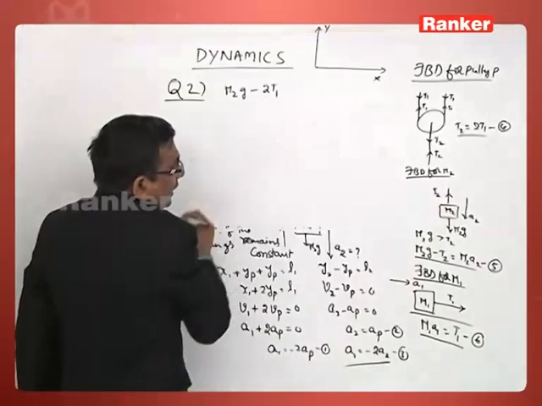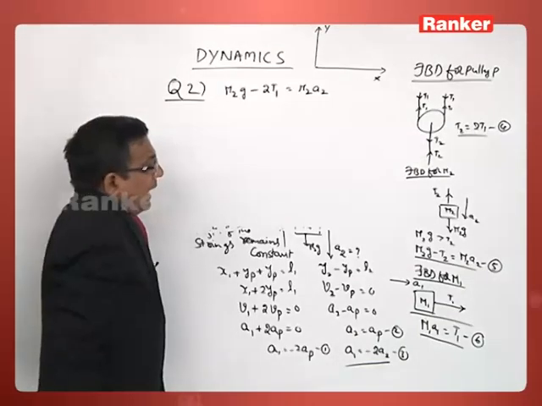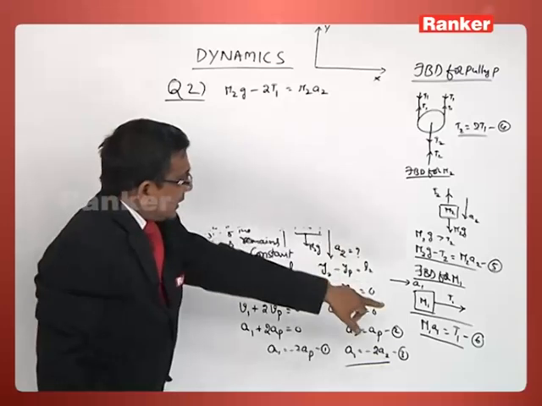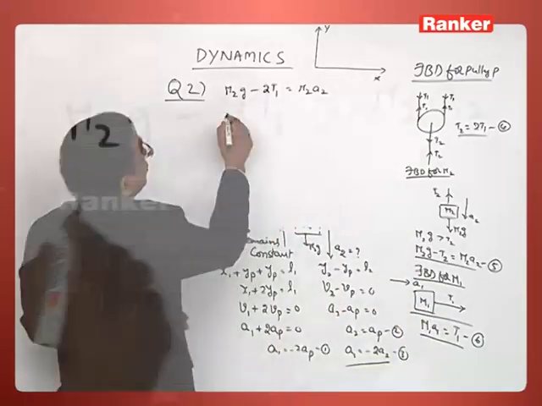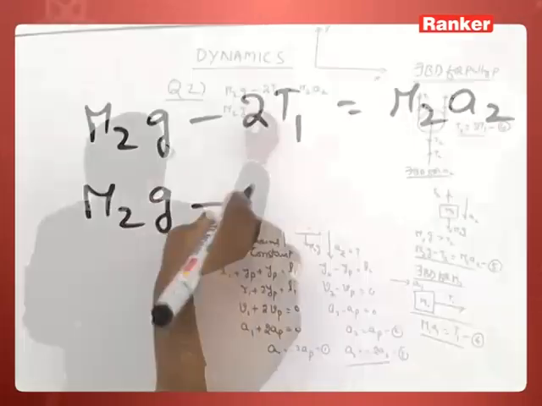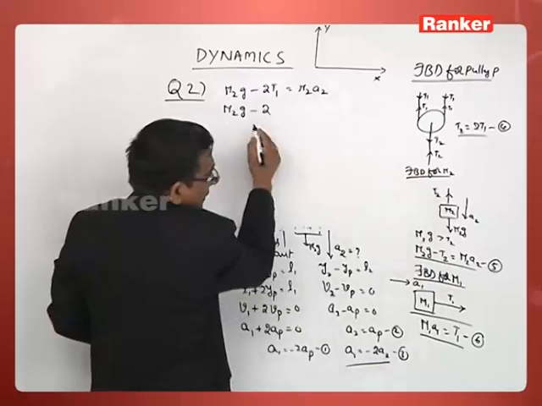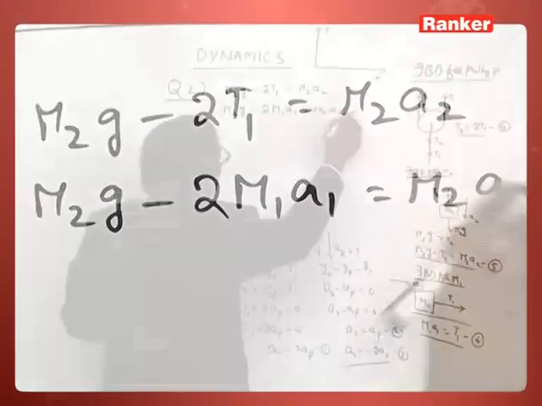So m2g minus 2t1 is equal to m2a2. And now here we have to eliminate t1. If you see equation 6, t1 was given as m1 a1. So if you substitute that here, m2g minus 2 m1 a1 is equal to m2 a2.